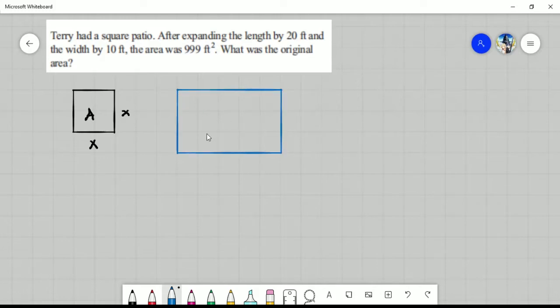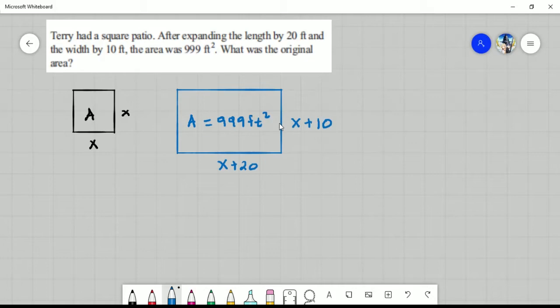Okay, so the length was added 20 feet, so that's x plus 20, and the width 10 feet, so that's another x plus 10. And with these added measurements for the dimensions, the area is 999 square footage.